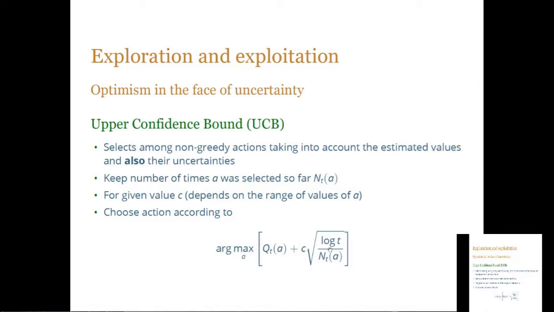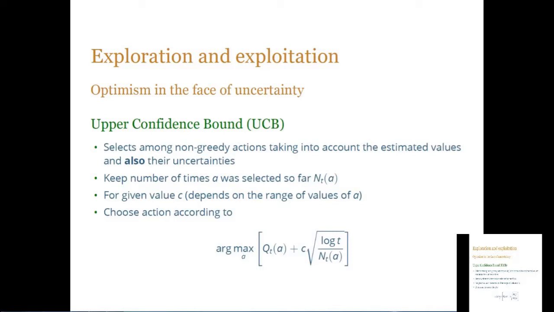So the more I know about an action, the less I will use it in the future if it gives me a low reward. And in other words, those actions that were not taken in the past will have large uncertainty and will be pushed up as time evolves.